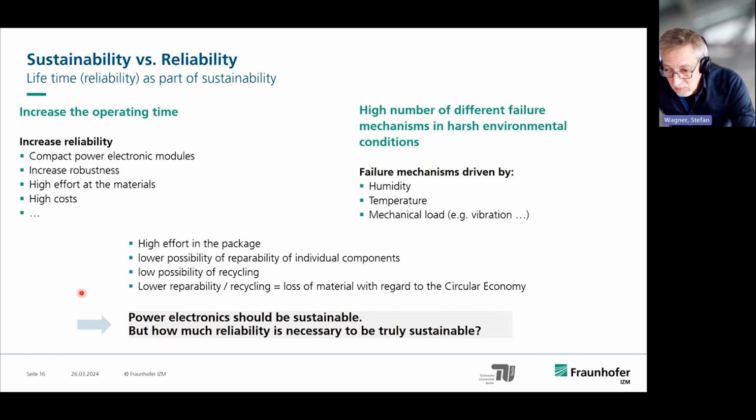Very important for these challenges in reliability is to keep in mind power electronics should be sustainable, but how much reliability is necessary to be truly sustainable.